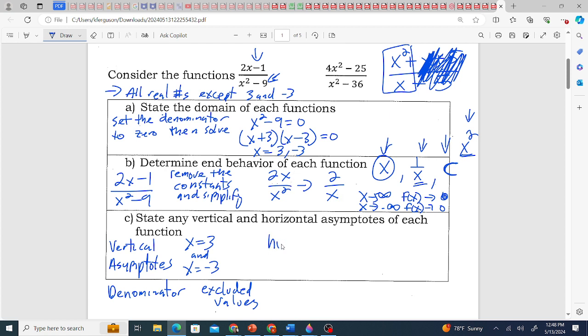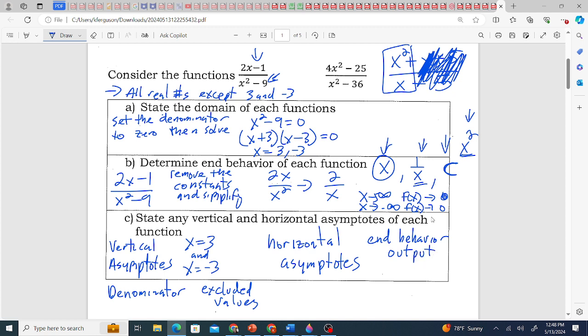So what about your horizontal asymptotes? You think about your end behavior, the output.